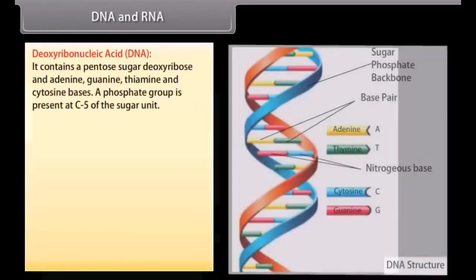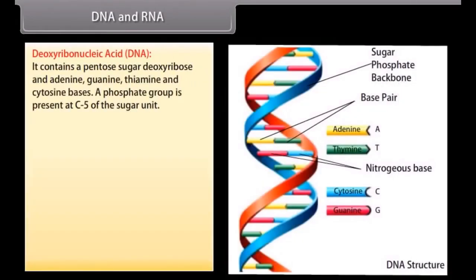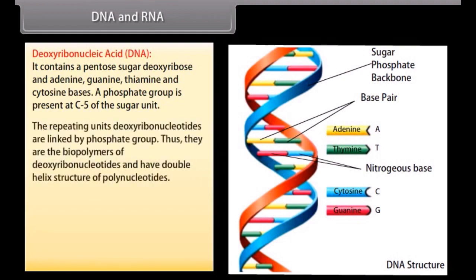DNA and RNA. Deoxyribonucleic acid. It contains a pentose sugar deoxyribose and adenine, guanine, thymine and cytosine bases. A phosphate group is present at C5 of the sugar unit. The repeating units of deoxyribonucleotides are linked by phosphate group.